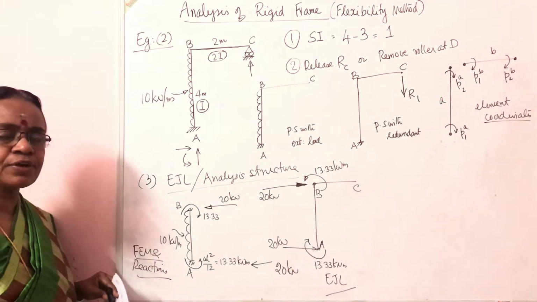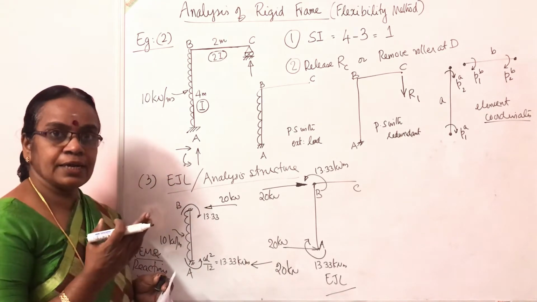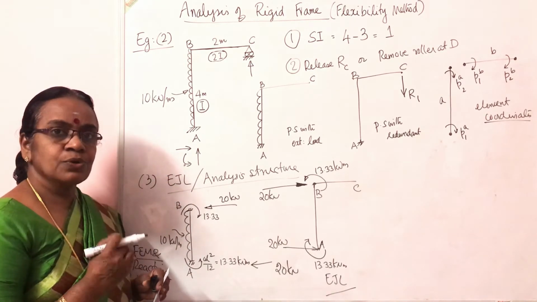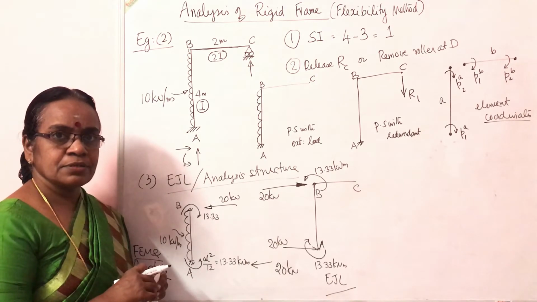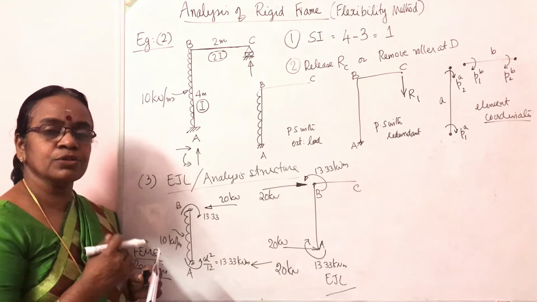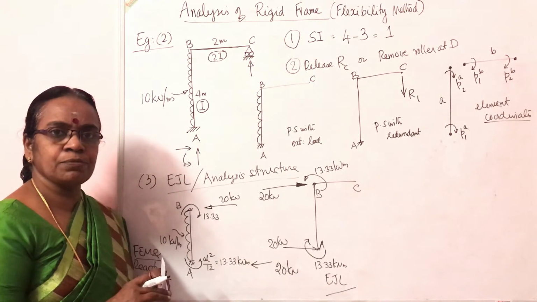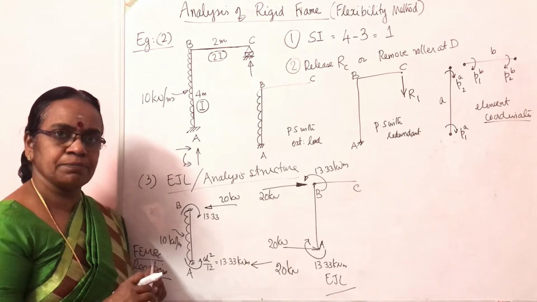Now the analysis structure is the one in which we can delete those reaction components of the fixed support, or those load components, which will not produce any bending moment anywhere in the beam.